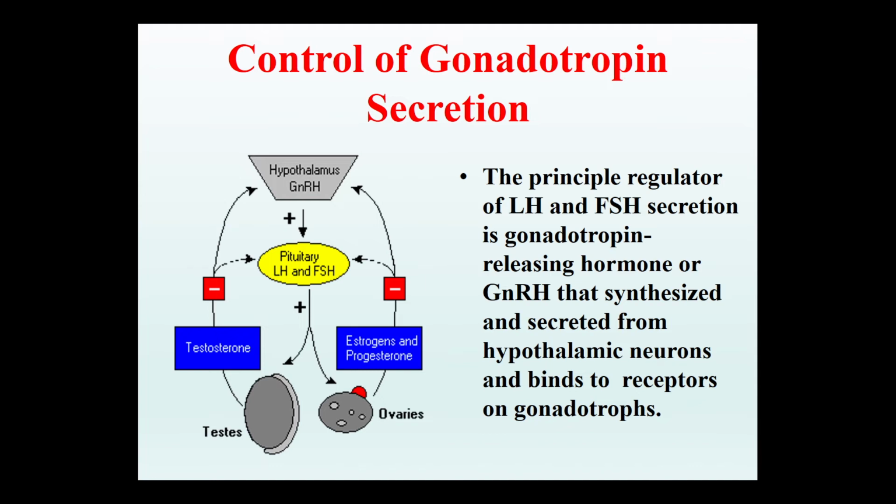In a classical negative feedback loop, sex steroids inhibit secretion of gonadotropin releasing hormone and also appear to have a direct negative effect on gonadotrophs of the anterior pituitary.